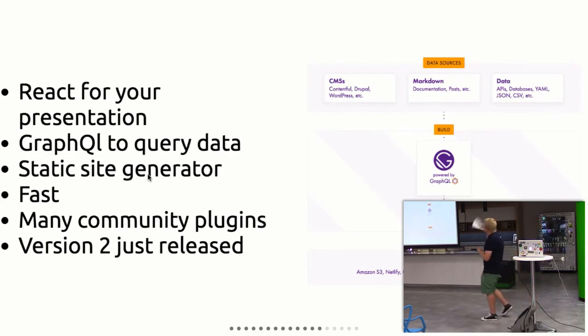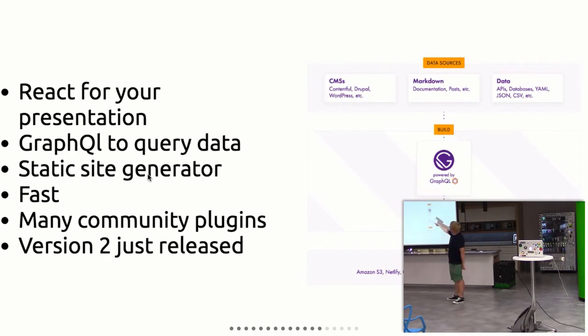This is roughly what it does, but I'll show you in the demo in a second. Basically, you're doing React for your presentation layer. You have something called GraphQL, which is a unified language to get the data into your views.